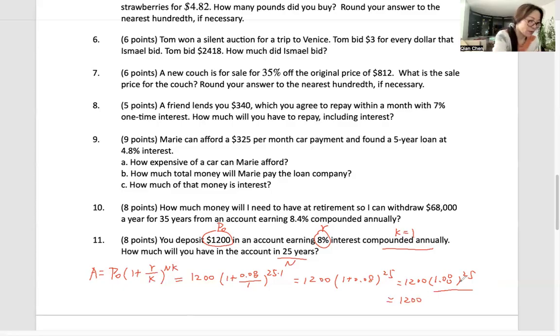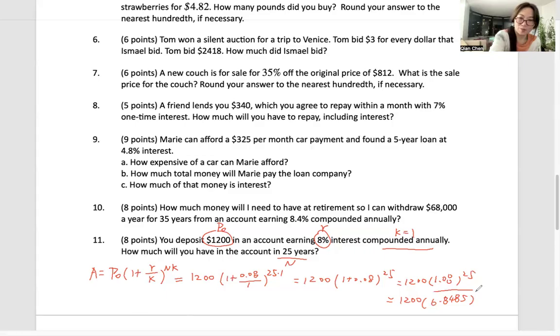So we hit into the calculator 1.08 raised to 25 first. That number is 6.8485.